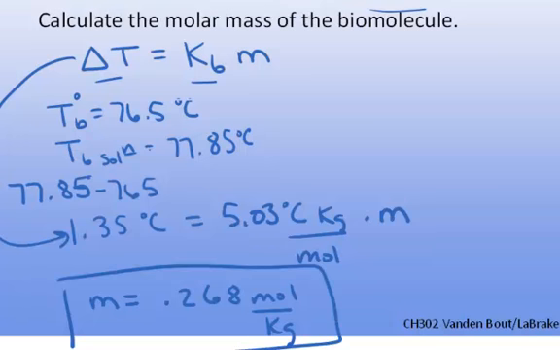Okay. Now that we have the molality, we can use this information that came from the boiling point elevation experiment to calculate the molar mass of the sample. Since the molality is moles of solute per kilogram of solvent, and we know that we placed a 2 gram sample in 15 grams of the carbon tetrachloride, I can calculate the number of moles present in that 2 gram sample by multiplying by the amount of solvent.